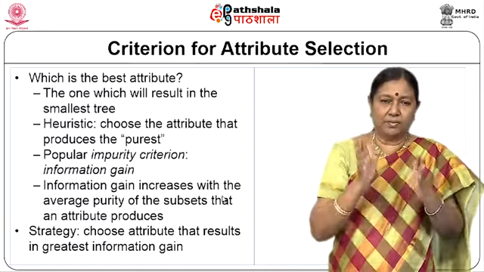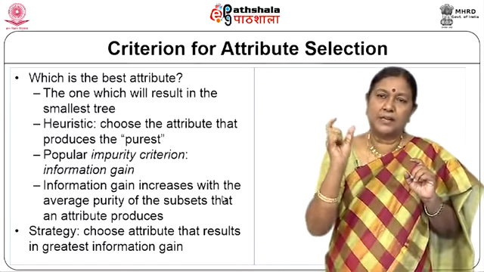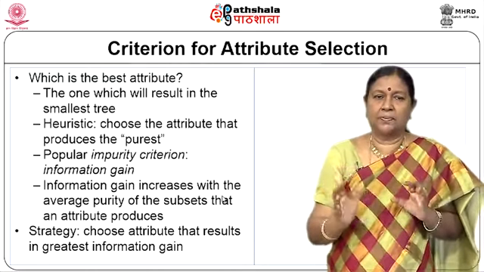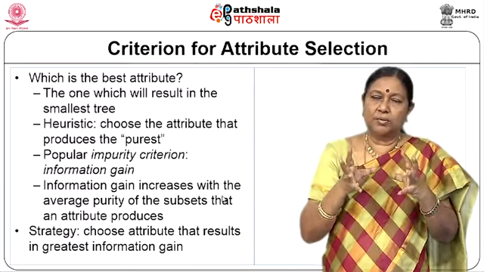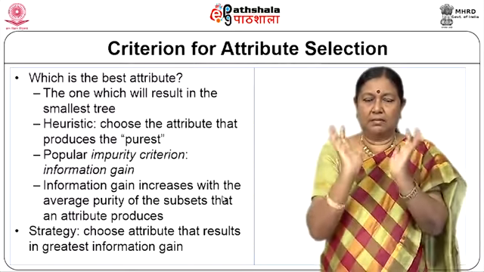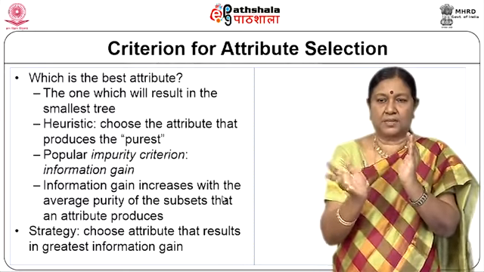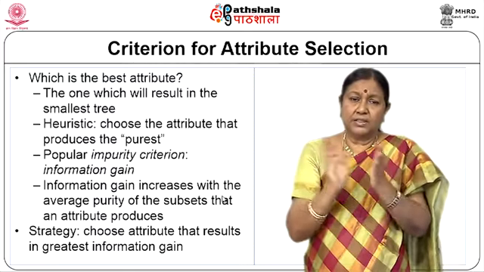So, what we have been telling you up to this point is how to choose the best attribute. The best attribute should result in the smallest tree. The attribute divides that particular partition into subsets, and the subsets formed should be the purest. How do you judge the purity?